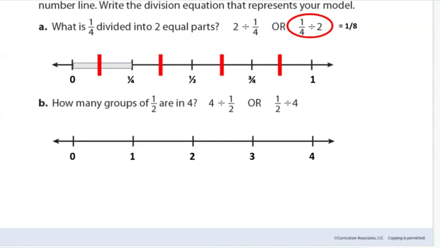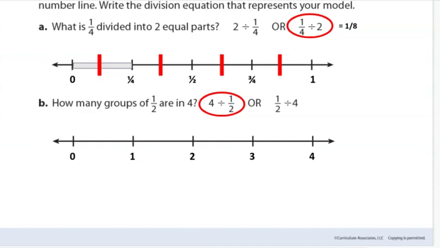So in this case, we're actually solving this problem. So go ahead and push pause, number your number line, and then go ahead and break each whole into halves, because we have to figure out how many halves make up the whole entire number line.